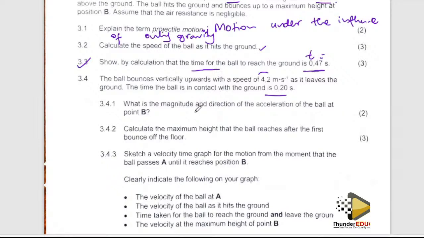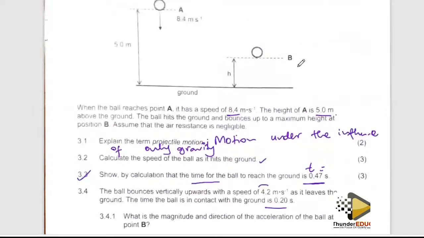They are asking us what is the magnitude and direction of the acceleration of the ball at point B. Regardless of the point where the ball will be, the acceleration and its direction will always be the same.